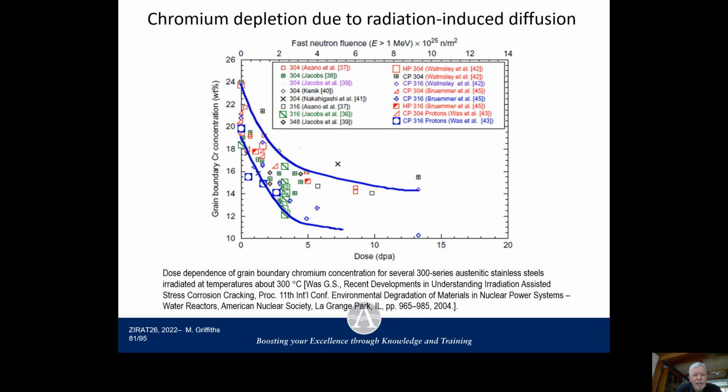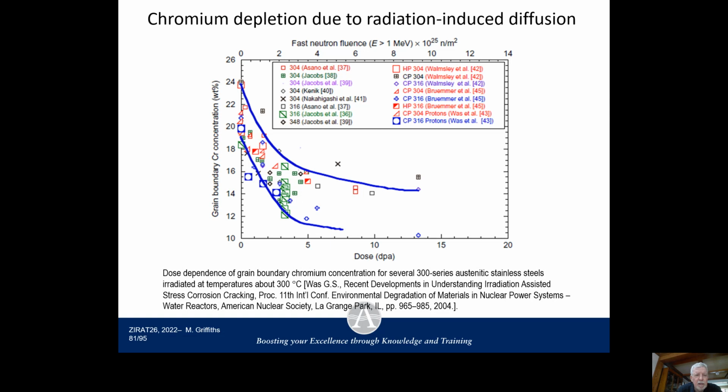But the other thing that comes to mind is, if you look at the starting material for this data, is this 316 stainless steel? I can't remember. 300 series stainless steel, where chromium contents are above 18%.